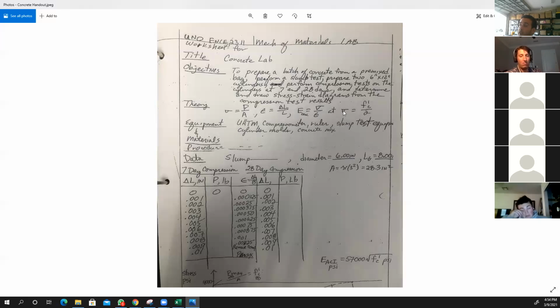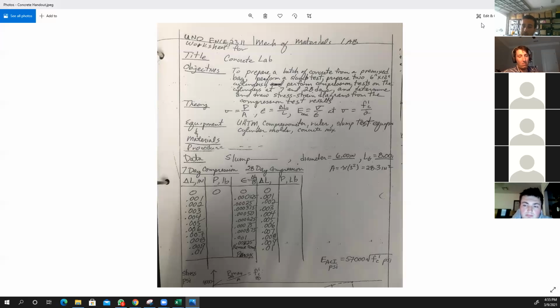And there is another way to find the modulus of elasticity for concrete. This is the equation for the modulus of elasticity. It's established by ACI, American Concrete Institute. 57,000 square root of f'c. So once we calculate f'c, which is the concrete compressive strength, we believe that it's 4,000 PSI.